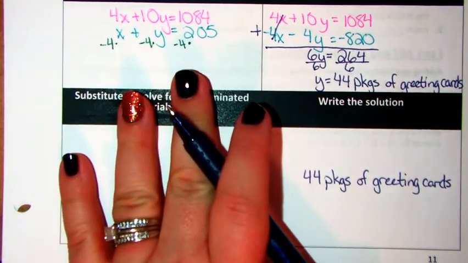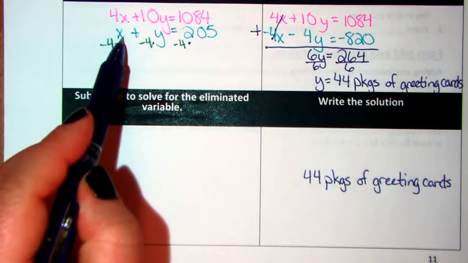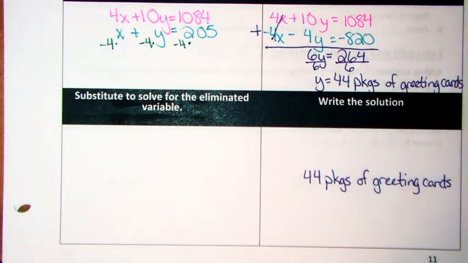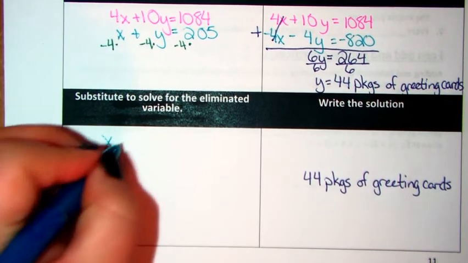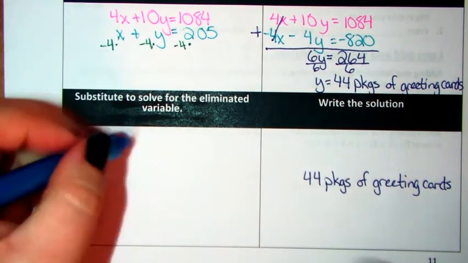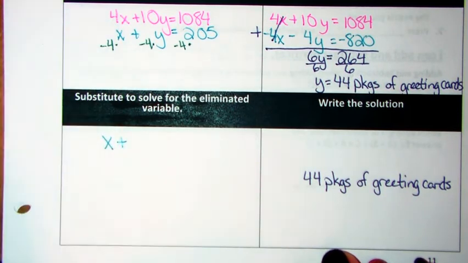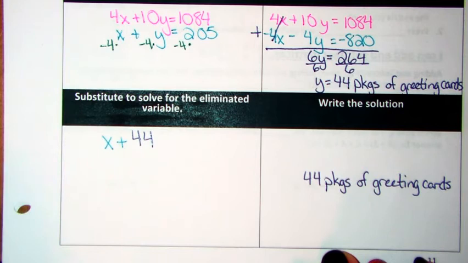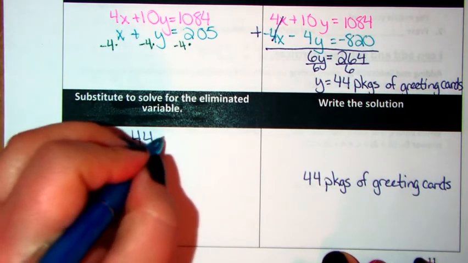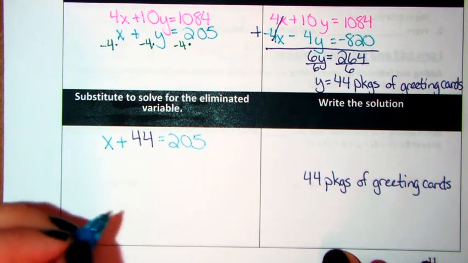In order to figure out how many packages of gift wrap, I'm going to go back to one of my original equations. This one doesn't have as many coefficients in front, so that's the one that I'm going to choose to use. And we are solving for x and plugging in our y value that we just found. So x plus 44 equals 205.